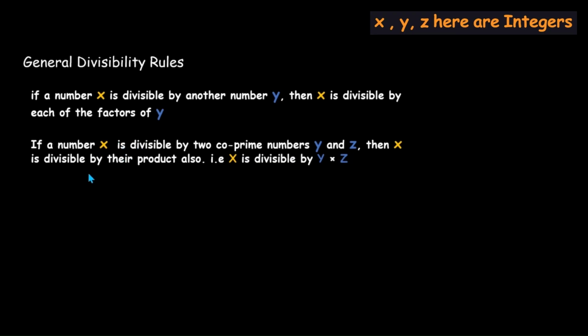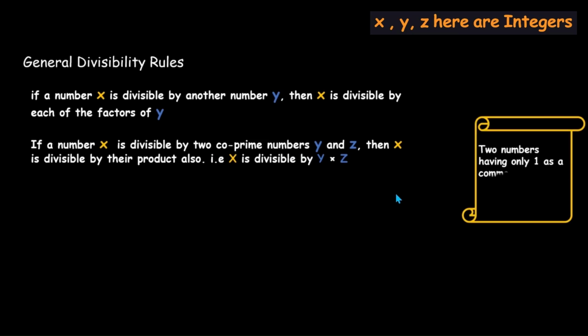If so, then x can be divided completely by the product of y and z. So what are co-prime numbers? The definition is: two numbers having only one as the common factor are called co-prime numbers.